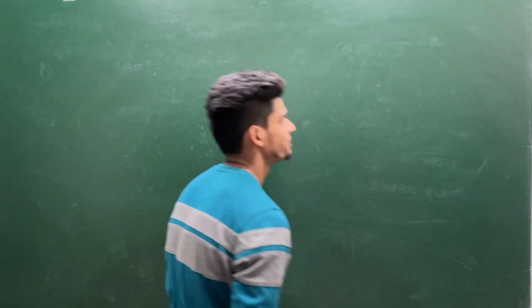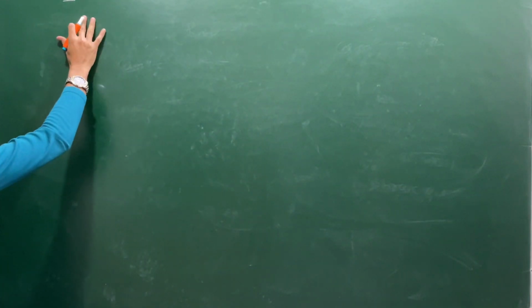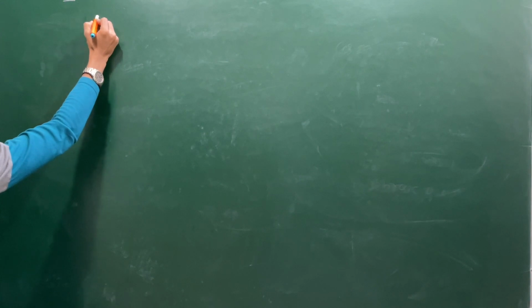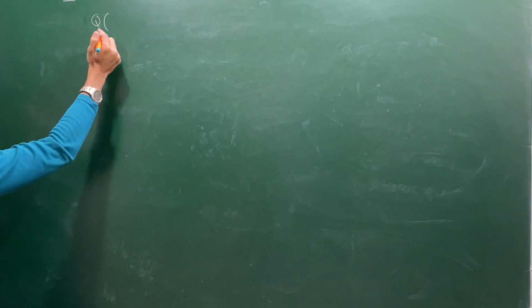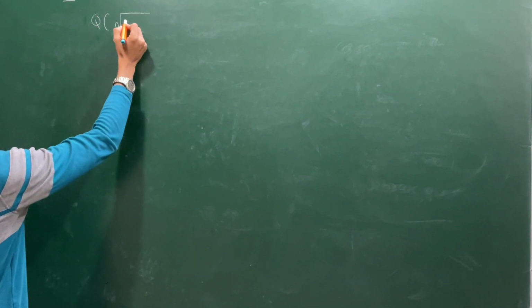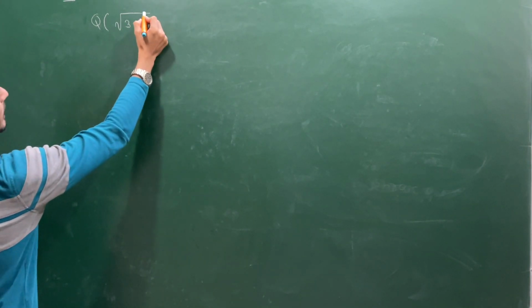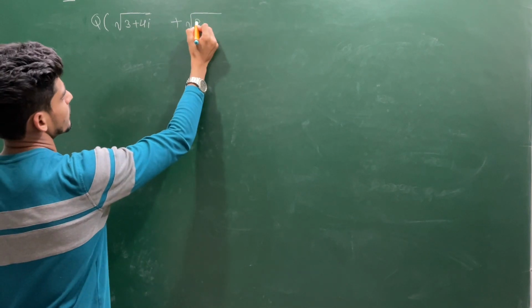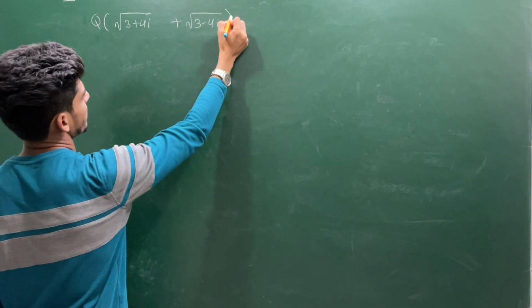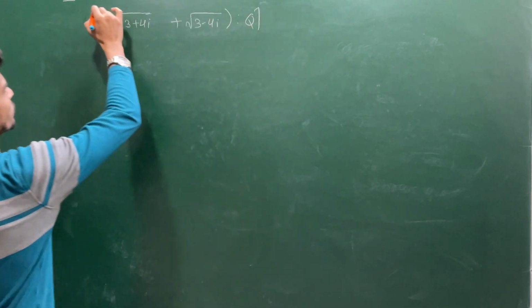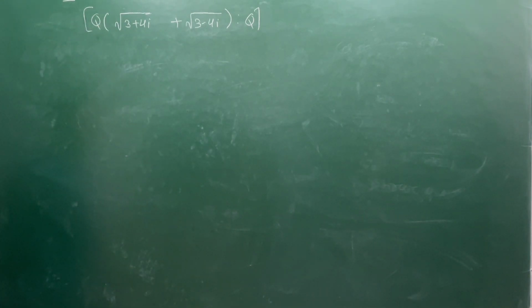Now let me ask you this question. I am taking the extension of Q, say this is 3 plus 4i, 3 minus 4i over Q. What can you say about the degree of this extension?